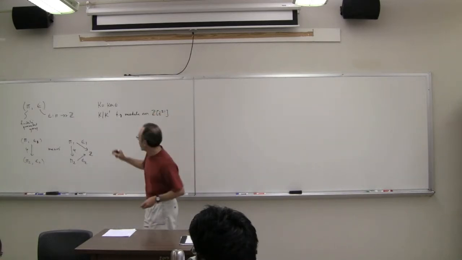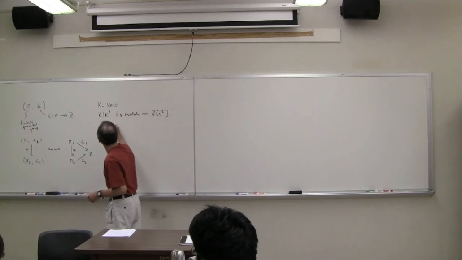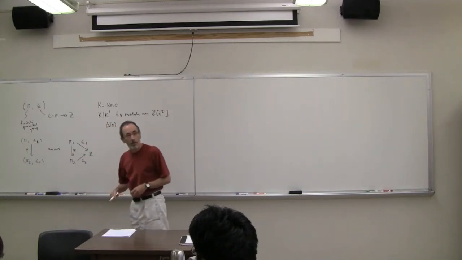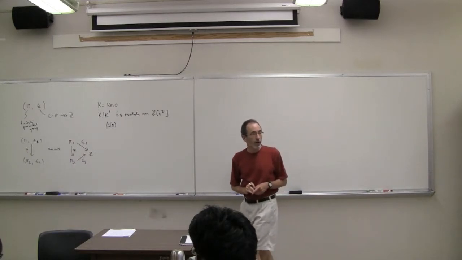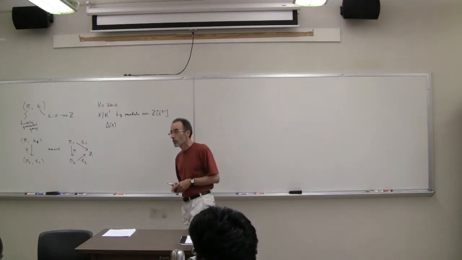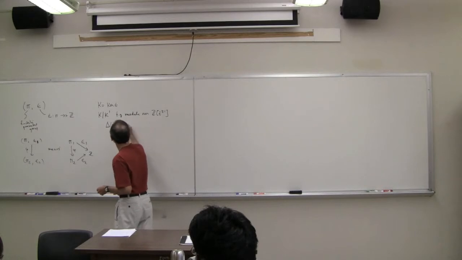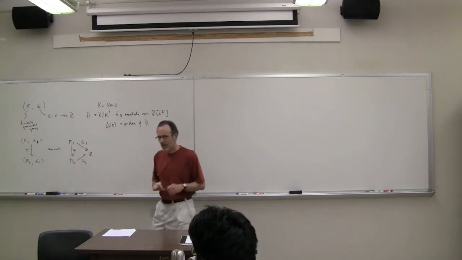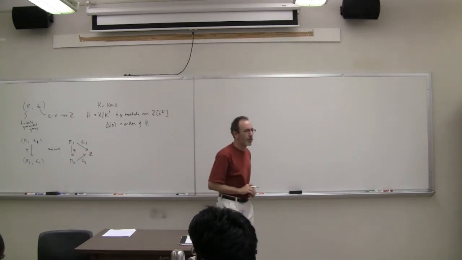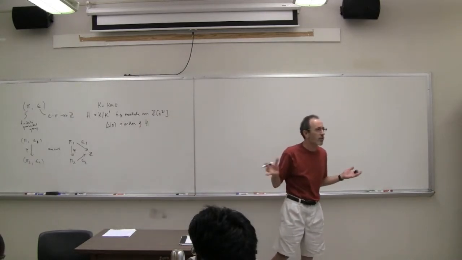And so you can define delta to be what's called the order of this module. It could be 0. So the order, let's call this H, the order of H. And let me not go into what the general definition of order is, but for a knot group, it's exactly what we've been computing.